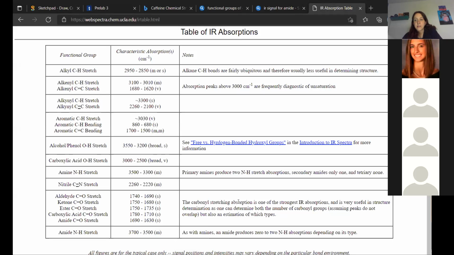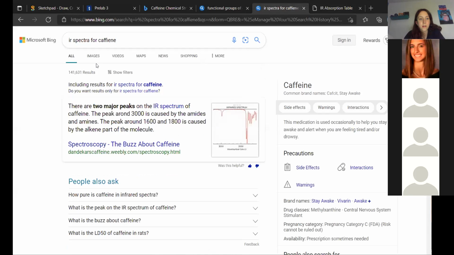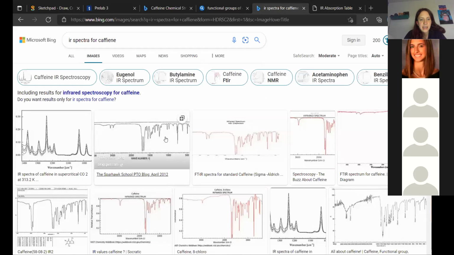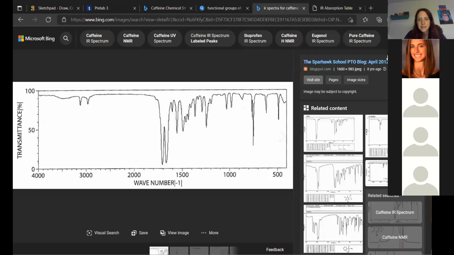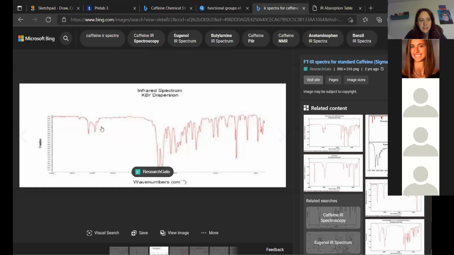And so I'm guessing you guys are going to have to do IR for this one. What you're going to do is get the IR spectra for caffeine. You're going to get a chart that looks like this. It does not look like caffeine. So you're going to get something that looks like this.